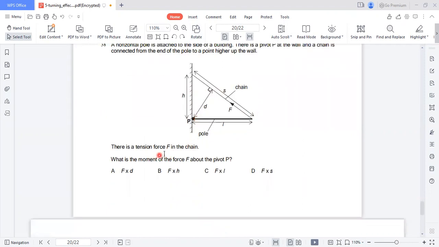There is a tension force F in the chain, acting in an upward direction. What is the moment of the force F about the pivot P? Here is the force F.